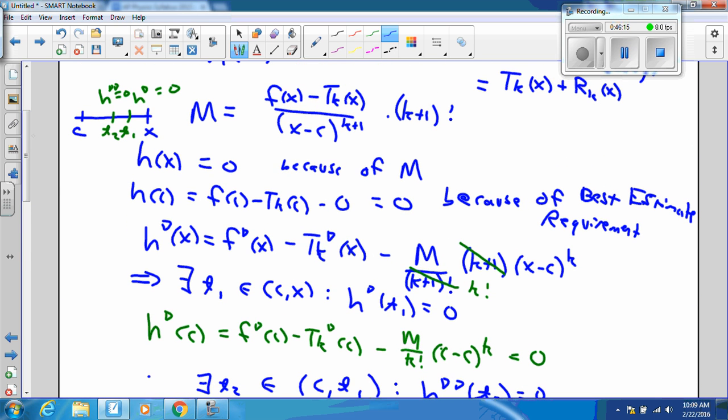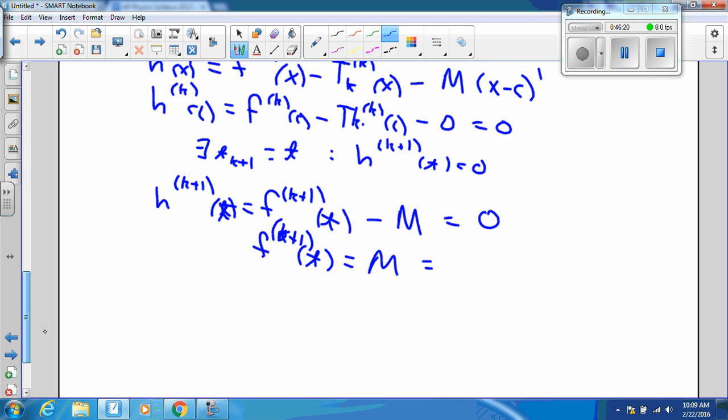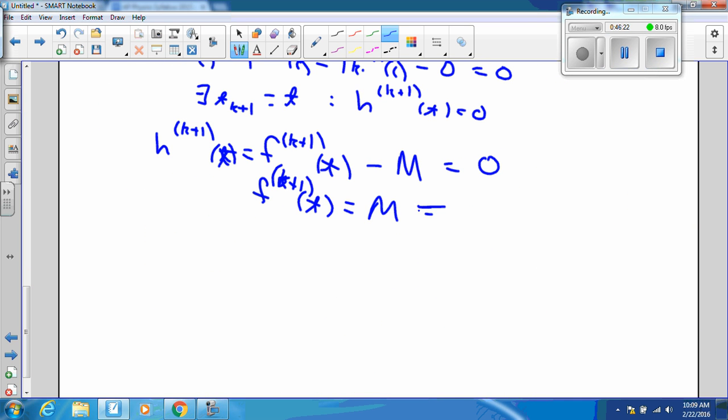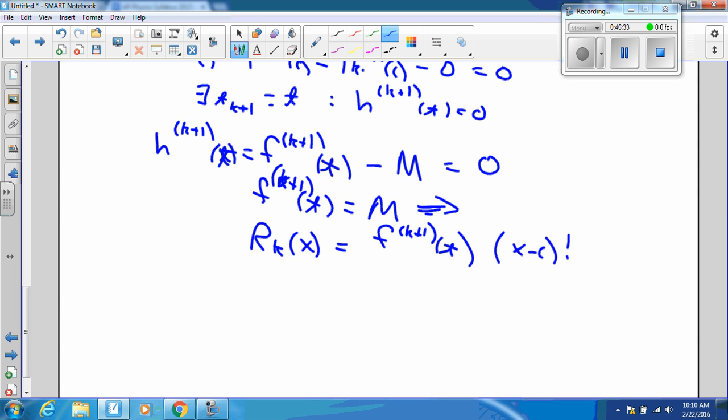M was this fellow right here, so that I conclude that my remainder of x is going to be exactly equal to that times m, which is x minus c to the k plus 1 over k plus 1 factorial. In other words, I found the exact remainder.